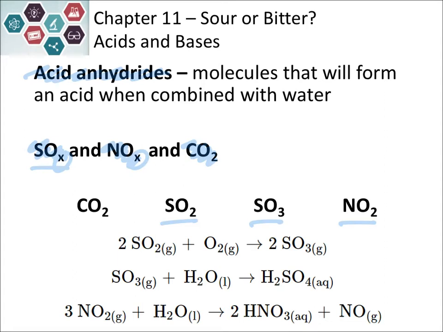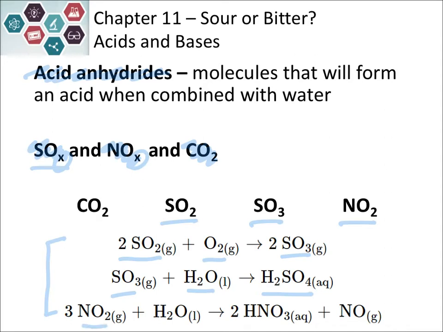So here are the reactions that show how these three combine with water to make acid. SO2 actually reacts with oxygen in the air to make SO3. Then SO3 that's made from the SO2, as well as other SO3 that's already in the atmosphere, reacts with water to make H2SO4, which is sulfuric acid.